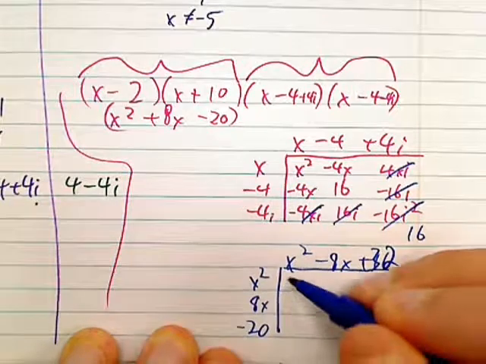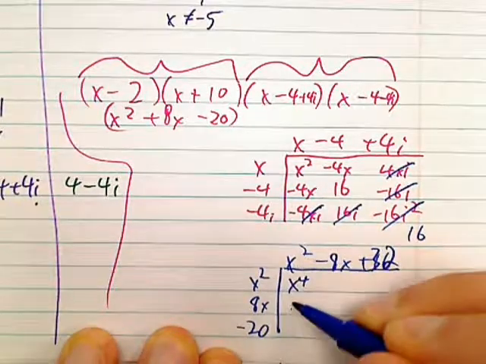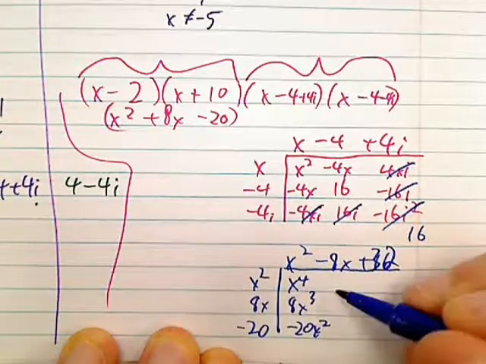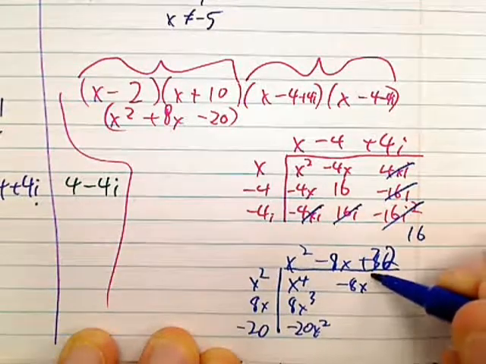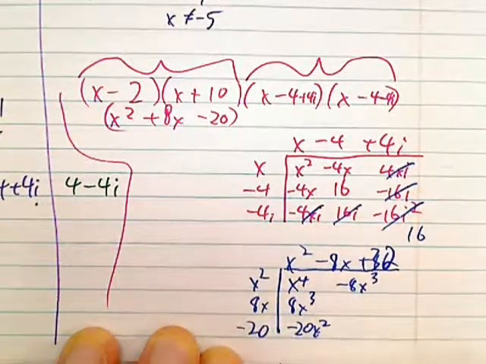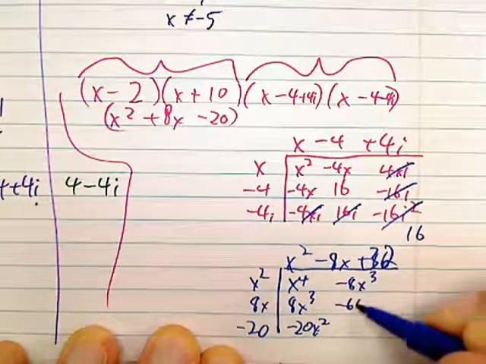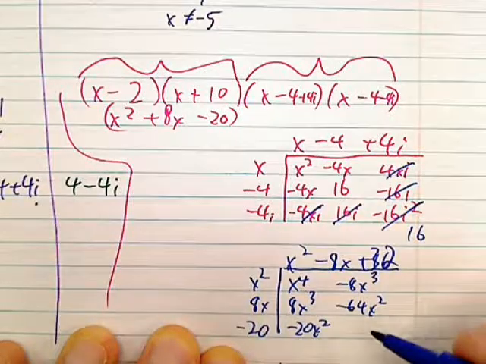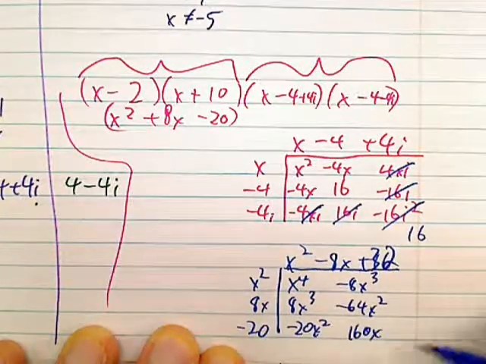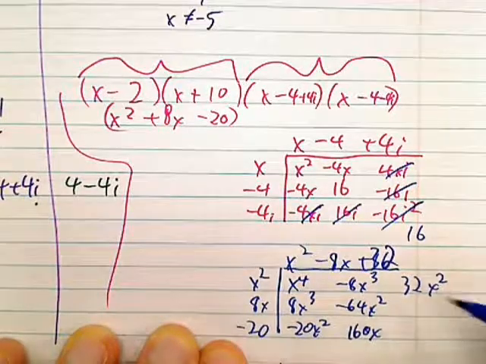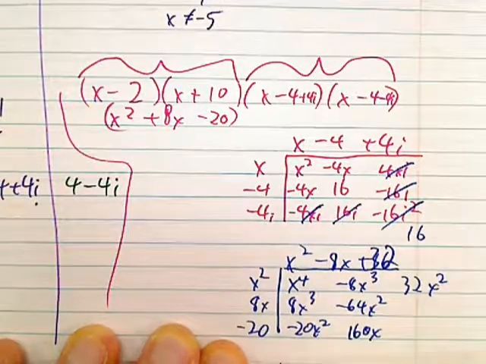Okay, so it'll be x to the 4th, 8x to the 3rd, negative 20x squared, negative 8x to the 3rd. Is that going to be right? Yeah. Negative 64x squared, 160x, 32x squared, 32 times 8.